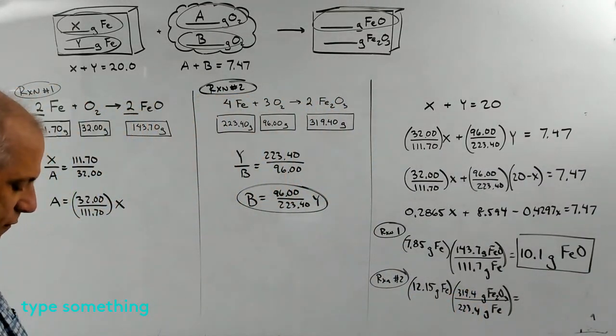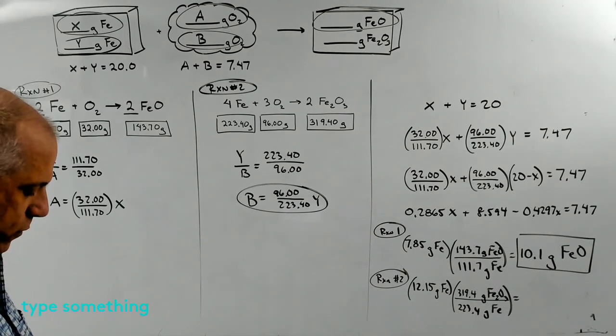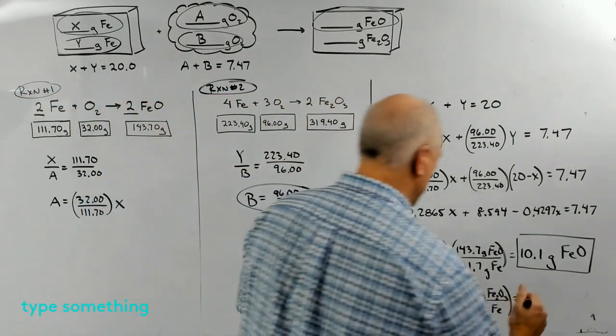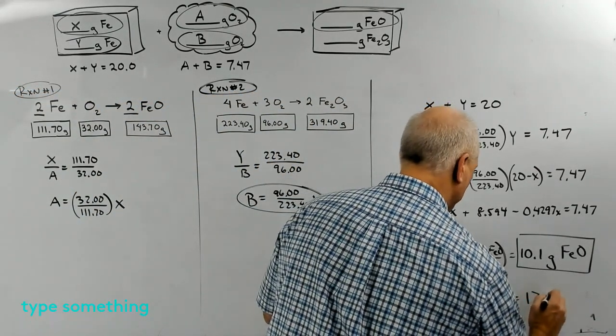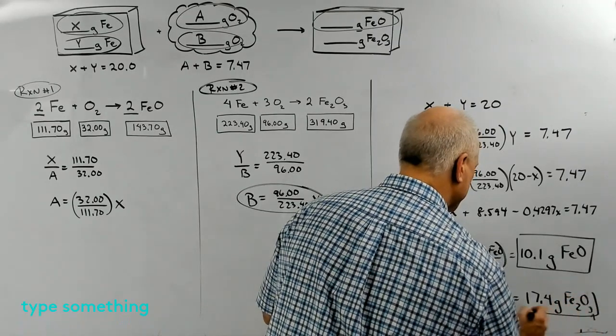So 12.15 times 319.4 divided by 223.4. And that comes out to be 17.4 grams of Fe2O3.